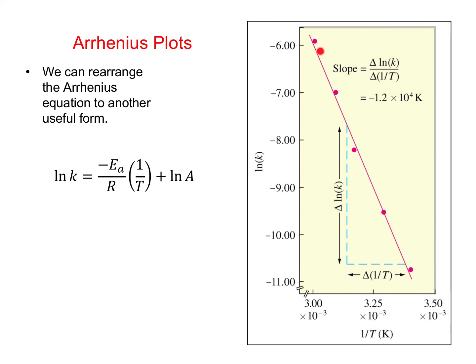And now I can use whatever program I want, or I can do it by hand, to calculate the slope and the y-intercept of this line. And then I can set m, the slope, equal to minus EA over R. I can plug in my slope, I can plug in R, and I can find the activation energy. And then I can use the y-intercept to calculate the frequency factor.